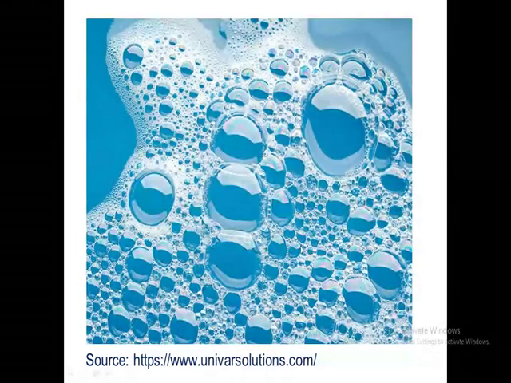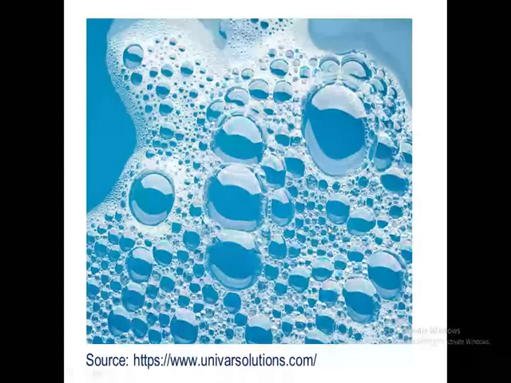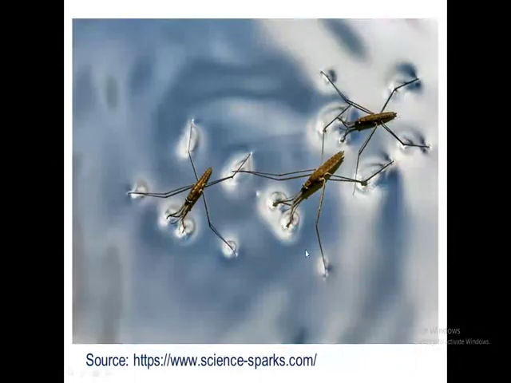Again, in the case of a soap bubble solution, we see that liquids are always trying to occupy the spherical shape, and we have seen the example of some bugs easily walking on the surface of water. Why are they able to do that? Because the complete liquid surface acts like a stretched elastic membrane.